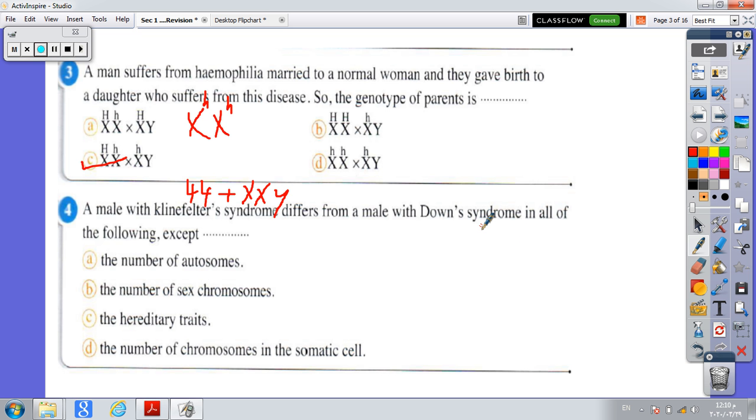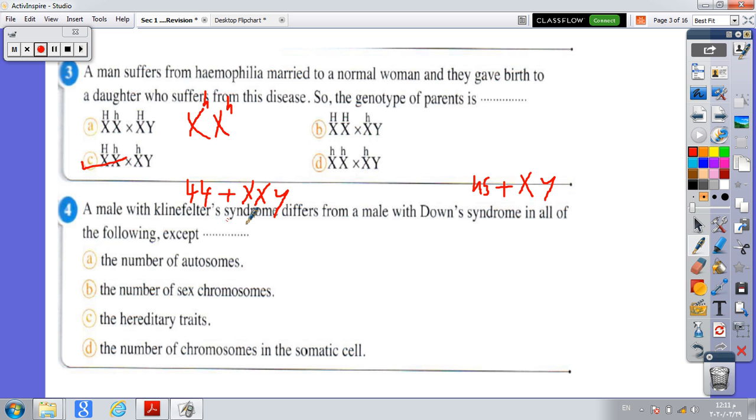While Down syndrome, we know that they are 45 plus X, Y chromosomes. And in Klinefelter syndrome, the disturbance happens in sex chromosomes, while in Down syndrome the disturbance happens in autosomes or somatic chromosomes.